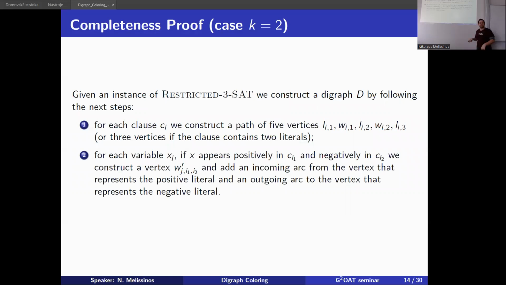For each clause, we're creating a path where the L vertices represent the literals and the W vertices are just connectors. Then we create paths for all of those, and connect the positive and the negative literals of the same variable with another kind of paths.